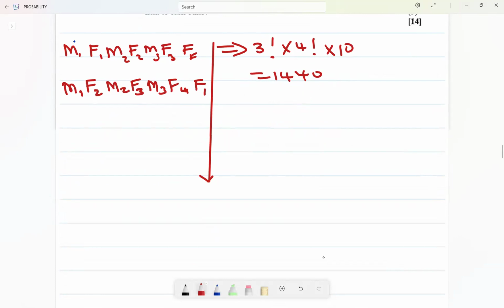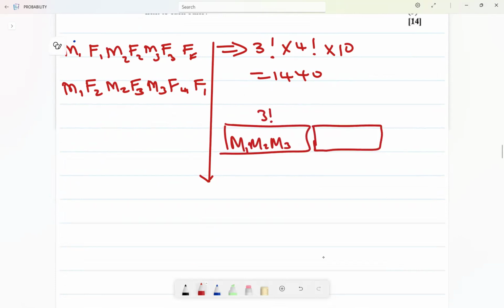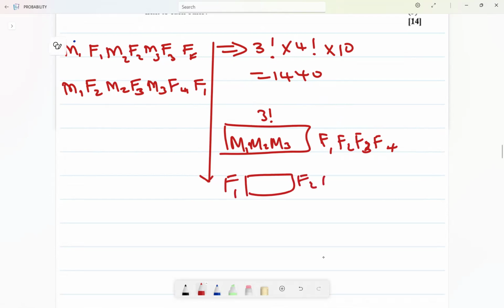So let me see. If they sit together, male 1, male 2, male 3, and then there are women here who are sitting nicely in 4 factorial ways. Okay, they're not necessarily together. So it's just female 1, female 2, female 3, female 4. And then we can form this combination, where I start with female 1 and then have that group female 2, female 3, female 4.